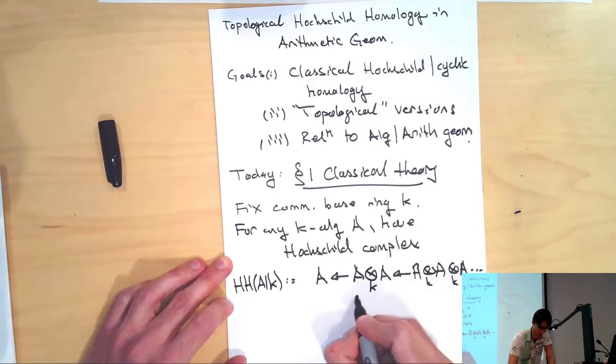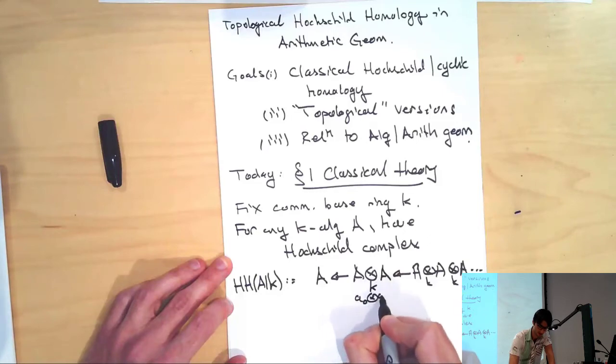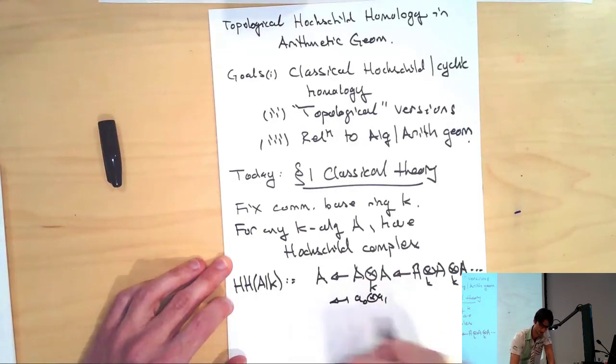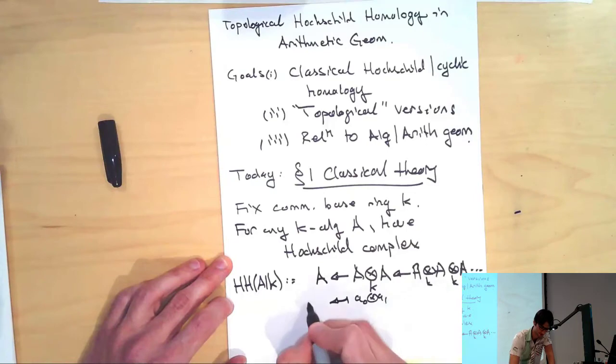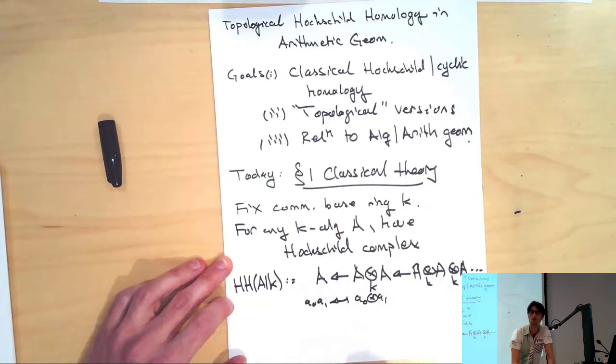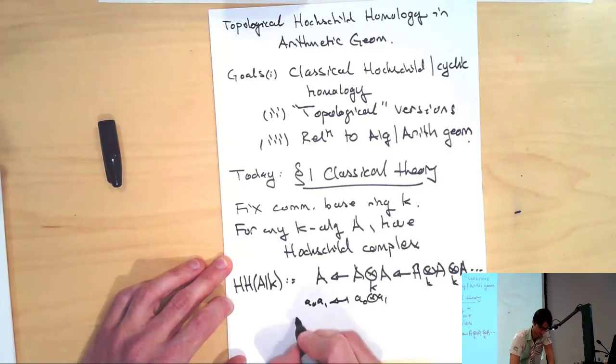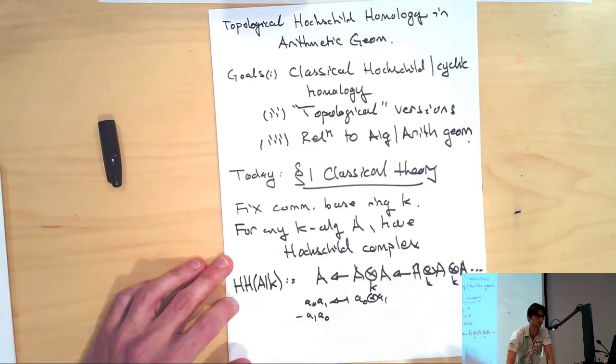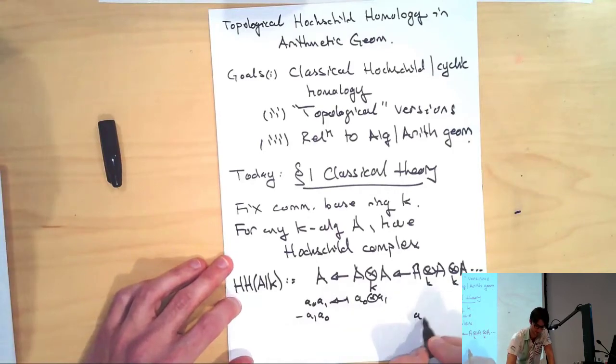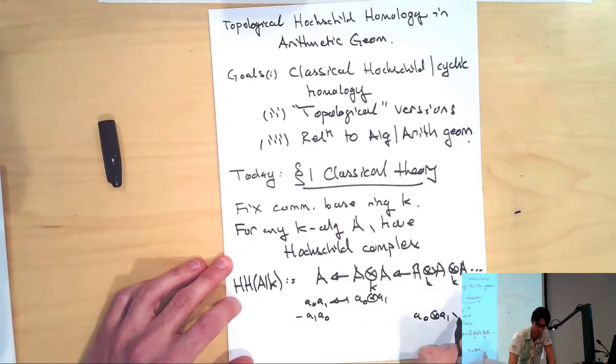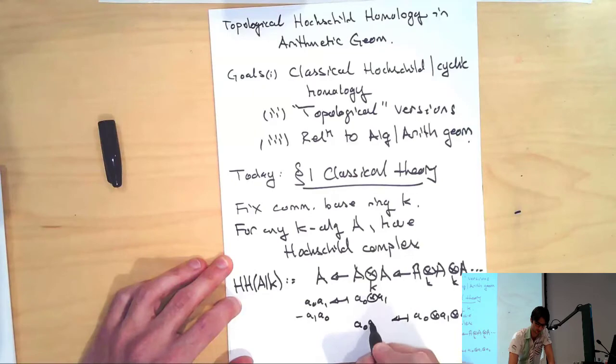So the first boundary map: I've got some a0 tensor a1, and I send this to the product of the first 2 elements, that is to say a0 a1, and then I bring the last element round to the front, and I subtract that off. So that's minus a1 a0. It should become a little bit clearer with the next term. So I have an a0 tensor a1 tensor a2. So I multiply the first 2 to get a0 a1 tensor a2.